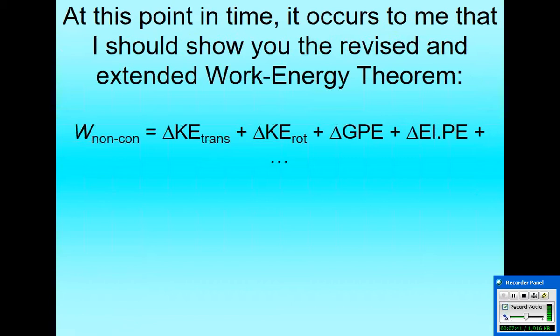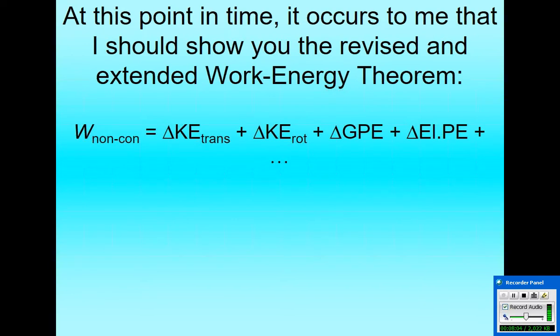Let's move on. The work energy theorem requires a little bit of revision. I'm not adding any new potential energies to this equation, but I'm now taking the total kinetic energy and breaking it up into a linear or translational portion and a rotational portion.